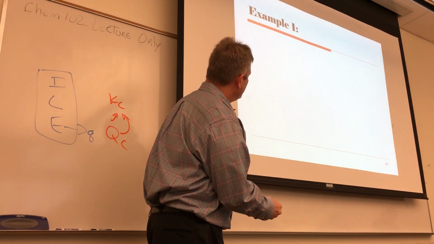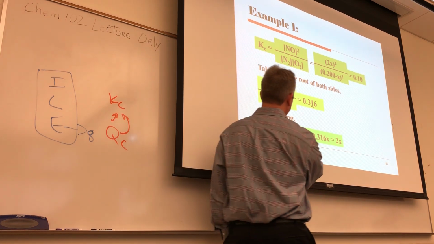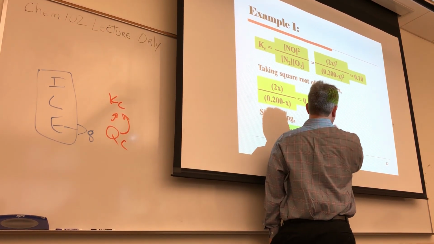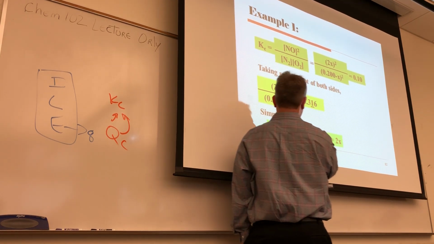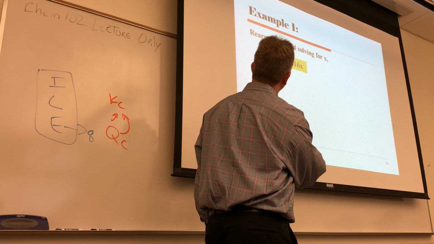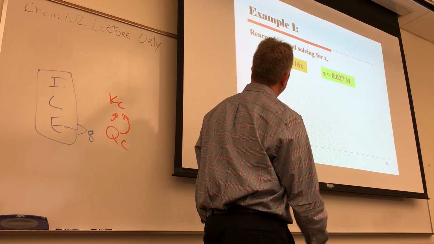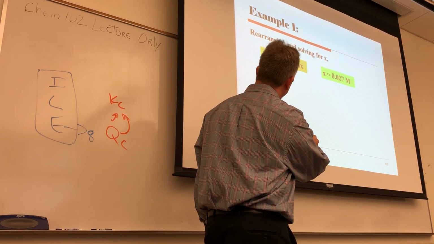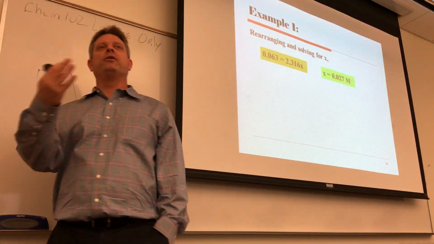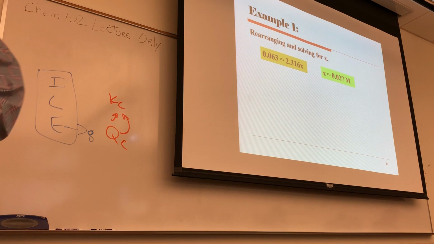When I say rearrange, I'm simply multiplying this through, then I can take this and add it to this side, and I have whatever I have left, which is here. Then I just simply take this, divide it by this, and my x equals 0.027 molar. So after you do all the calculations, playing in your calculator, that's the number you get.